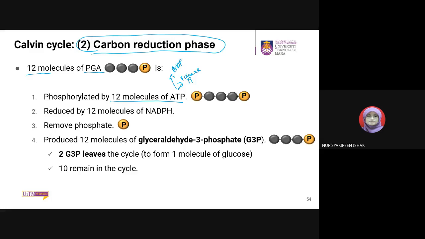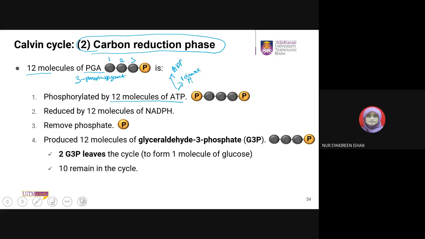Okay, so tengok PGA ni dia juga dikenali sebagai 3-phosphoglycerate. Maksudnya karbon ni karbon pertama, karbon kedua, karbon ketiga. Karbon ketiga dia ada phosphate attached. Okay, so by receiving another phosphate from ATP, dia akan jadi molekul ni lah.